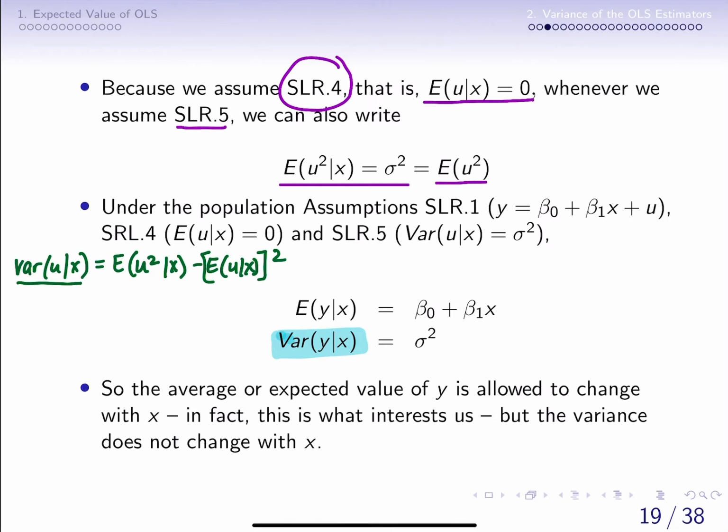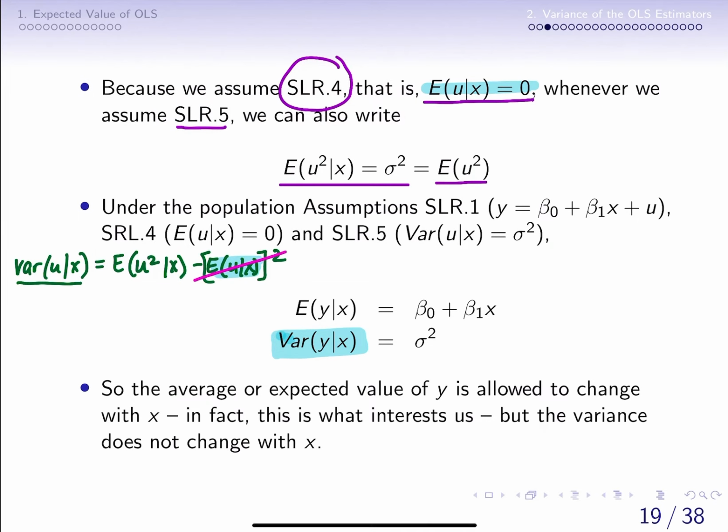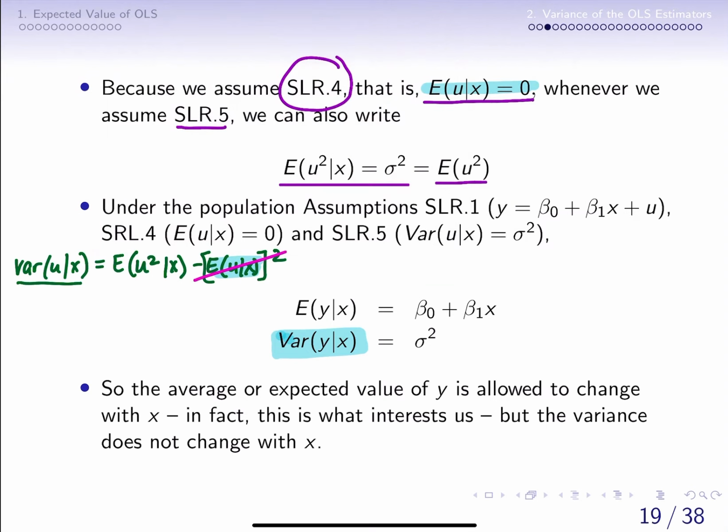But we know that the expected value of u given x equals 0, so this entire expression goes away. What we're left with is the expected value of u square given x, and this is what we call sigma square. That's why the variance of u given x can be written in this form.